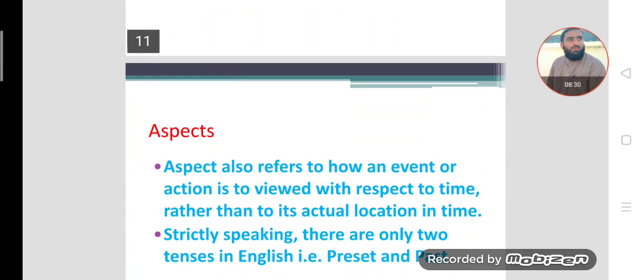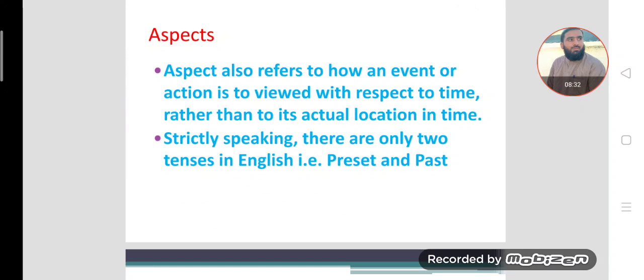Aspect also refers to how an event or action is viewed with respect to time rather than to its actual location in time. So actual location is shown by the tense, and aspect shows the degree of completeness or incompleteness of the action.